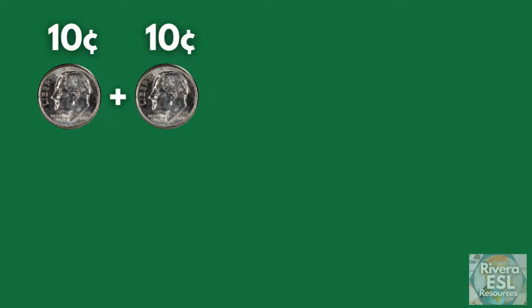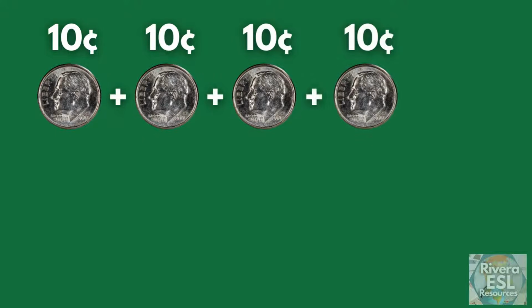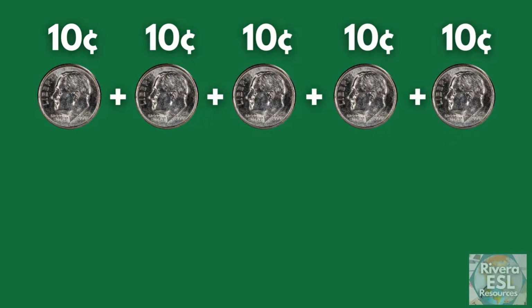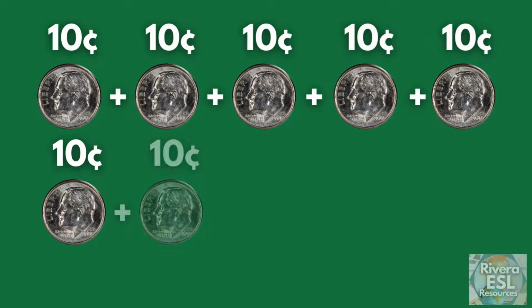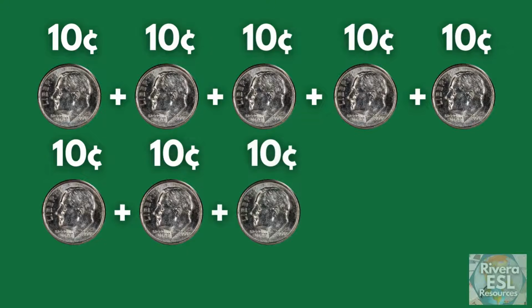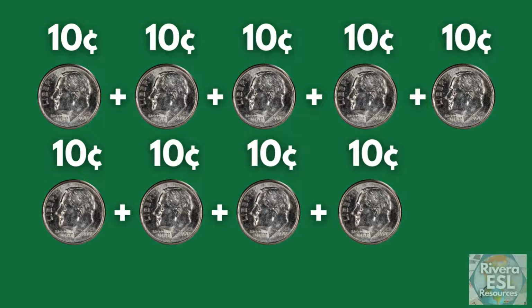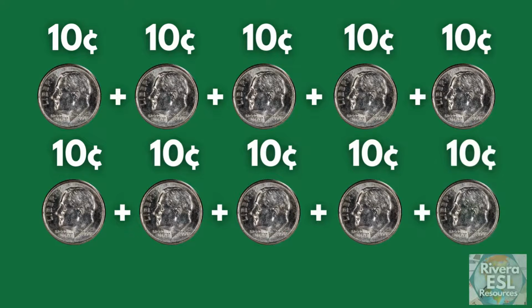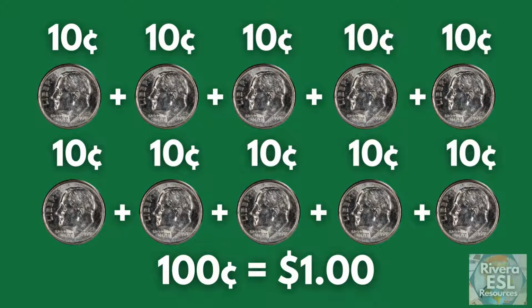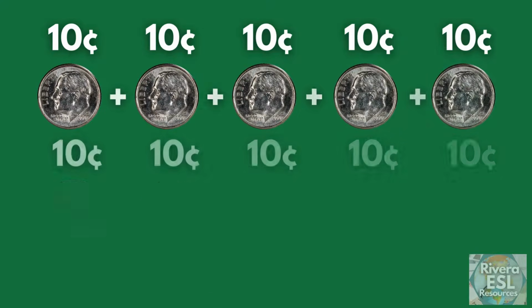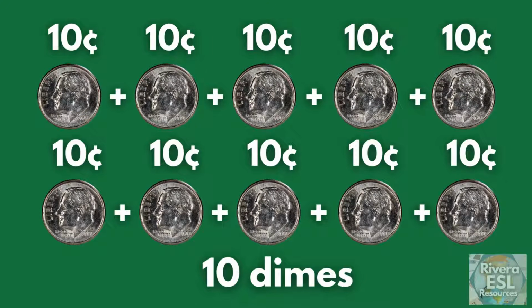Let's count by tens to find the answer. 10 cents, 20 cents, 30 cents, 40 cents, 50 cents, 60 cents, 70 cents, 80 cents, 90 cents, 100 cents, or $1. So that means we need 10 dimes to equal $1.